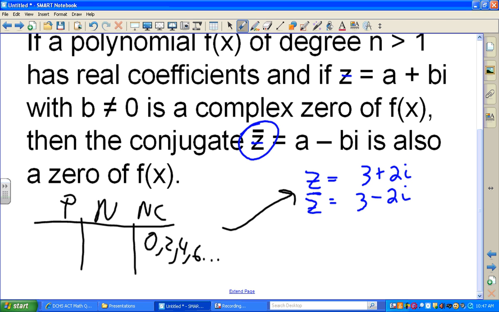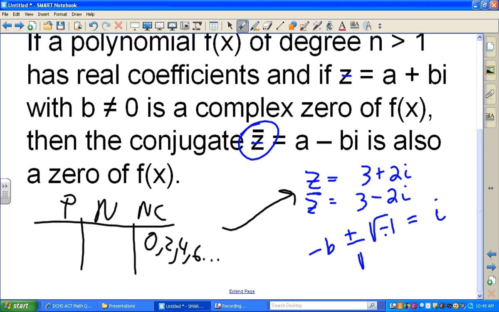Do you know where that comes from? Why you have to have conjugate pairs? Yeah, i is the square root of negative 1. And from the quadratic equation, don't you have the opposite of b, plus or minus the square root of b squared minus 4ac, all over 2a?